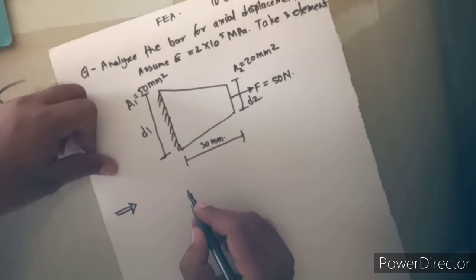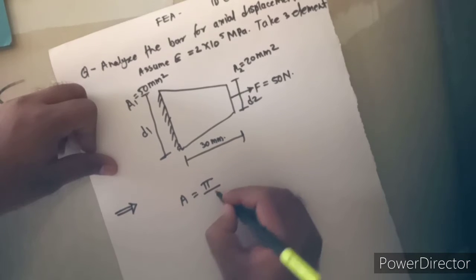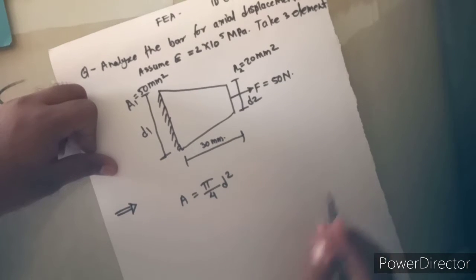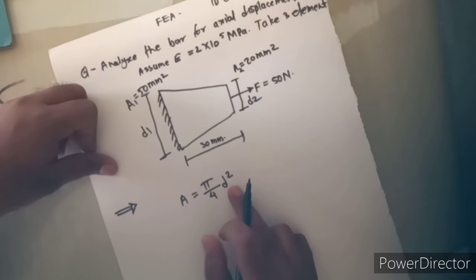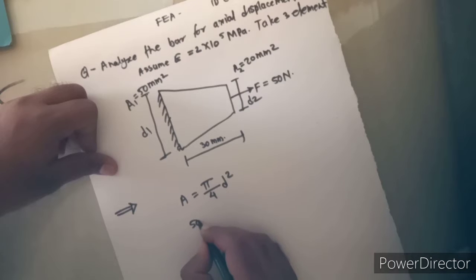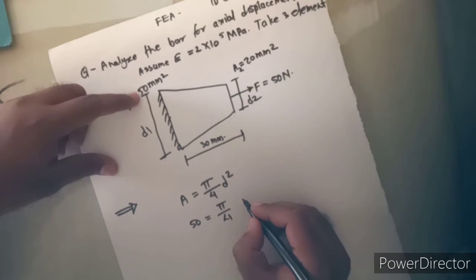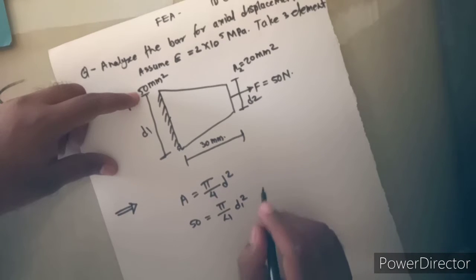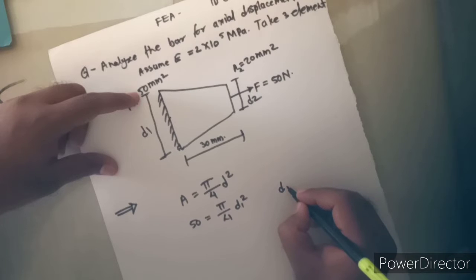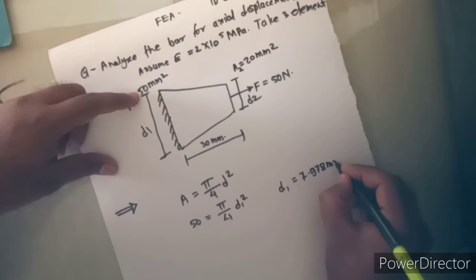For D1 and D2 you know that area is equal to pi by 4 D square. The same formula we use for finding D1 and D2. Then 50 is equal to pi by 4 D1 square, hence D1 is equal to 7.978 mm.